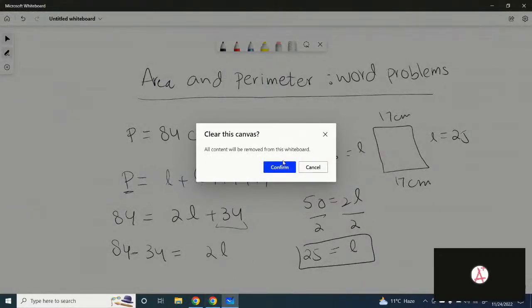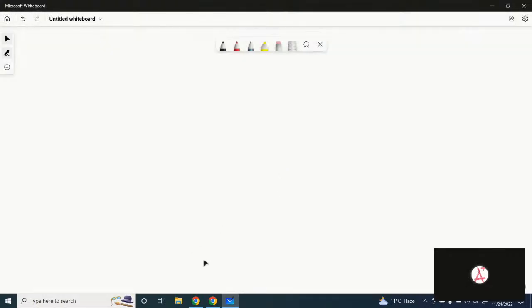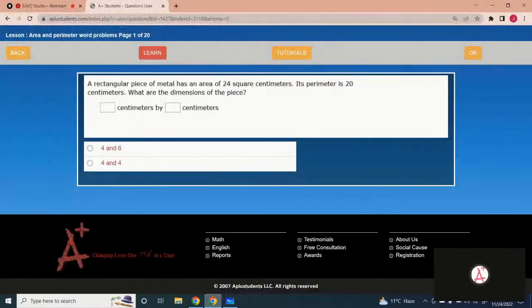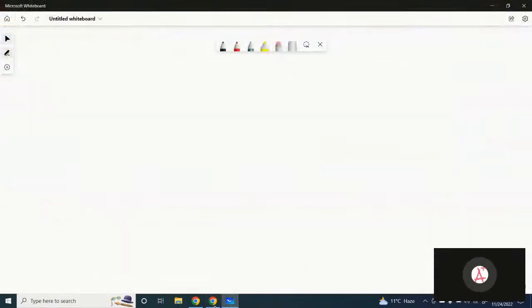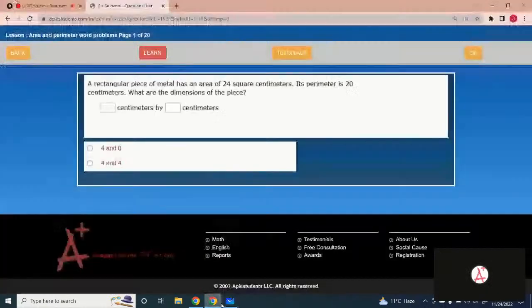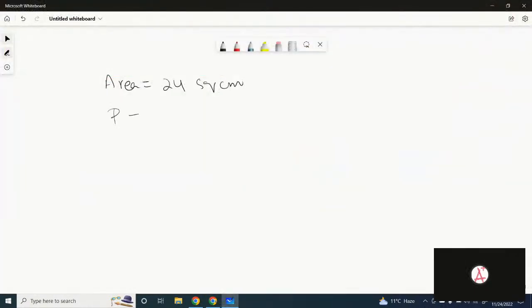You are given the area is 24 square centimeters, and the perimeter is 20 centimeters.